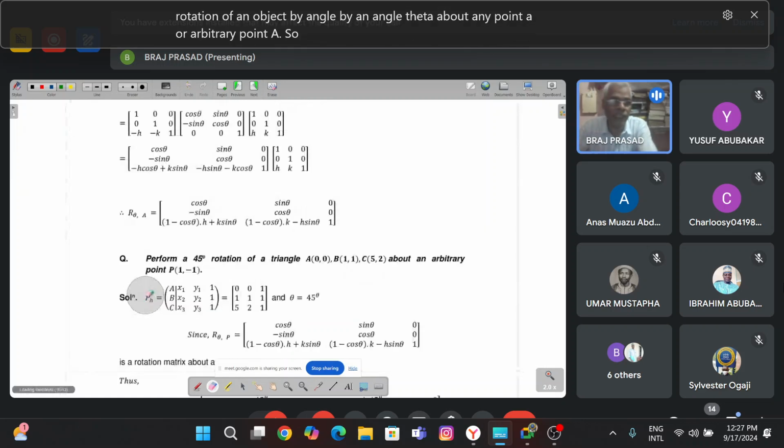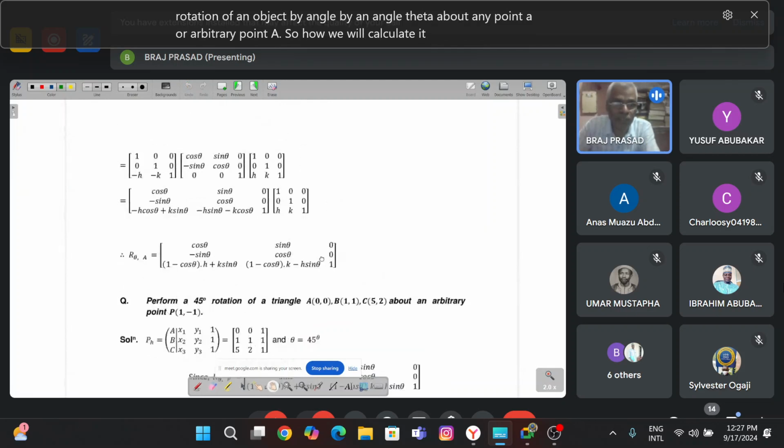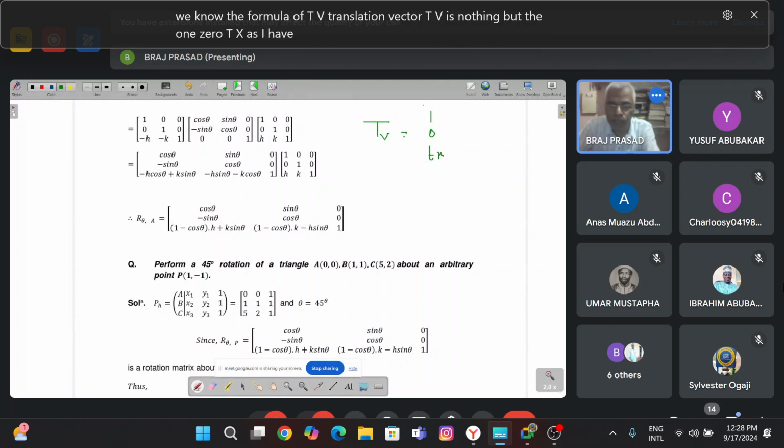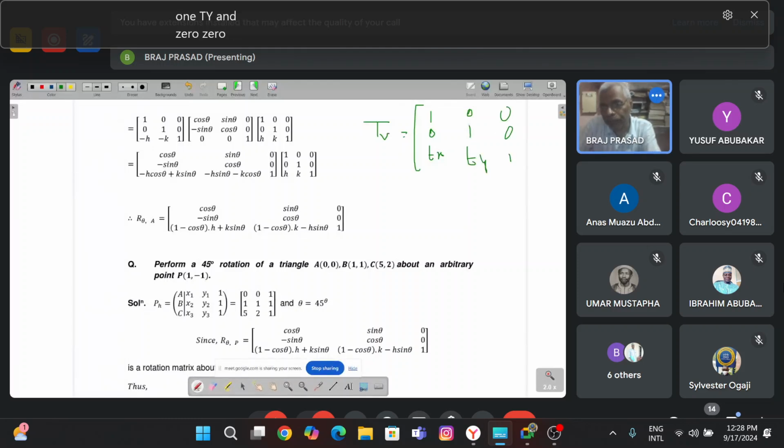So how will we calculate it? First we will see the concept. As we know, TV minus. Actually, we know the formula of TV, the translation vector. TV is nothing but the matrix 1 0 tx, 0 1 ty, and 0 0 1, as I have discussed earlier. This is the translation vector that I discussed in the earlier class.